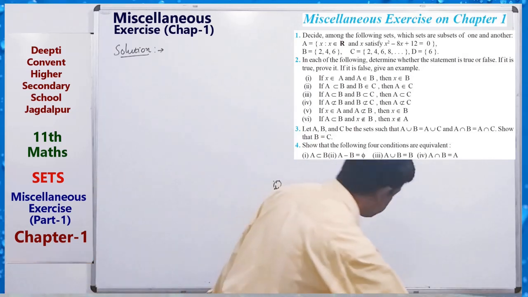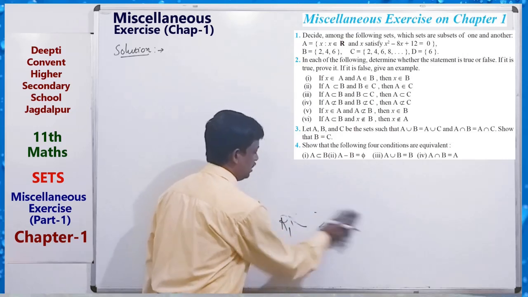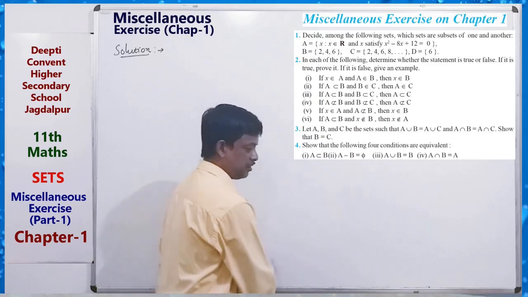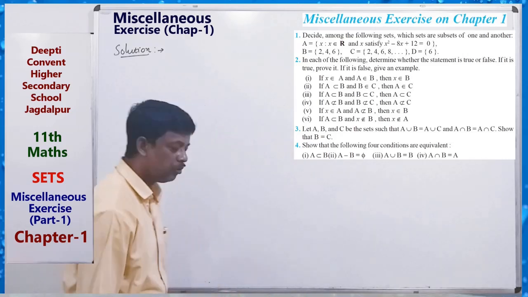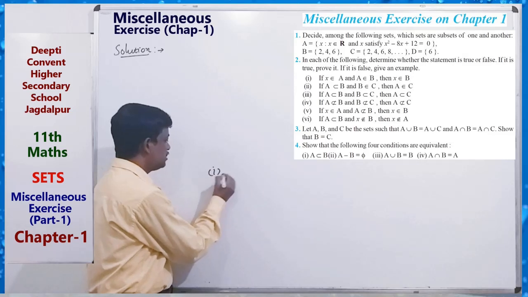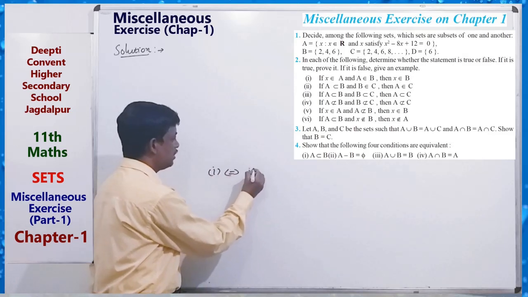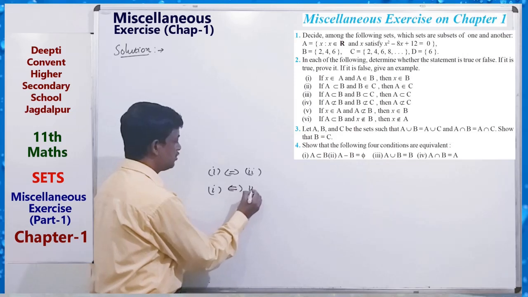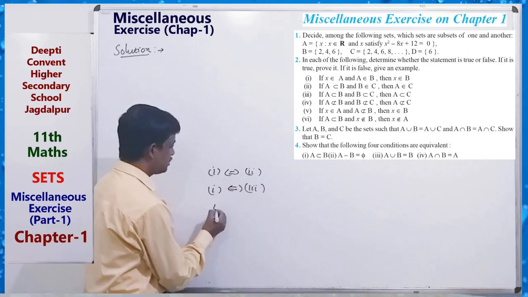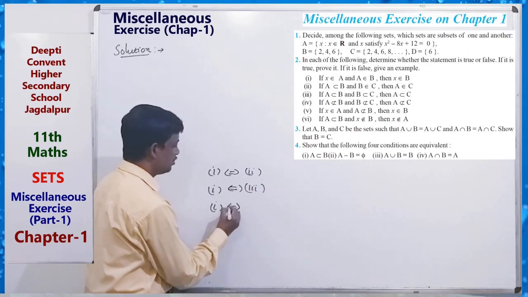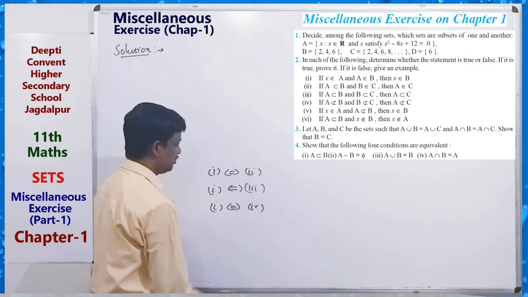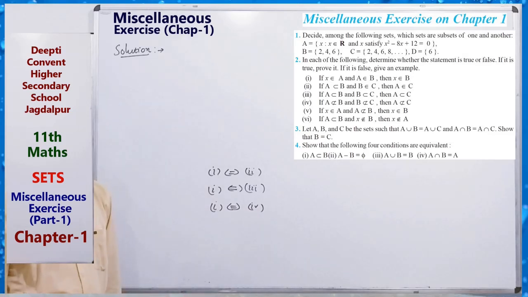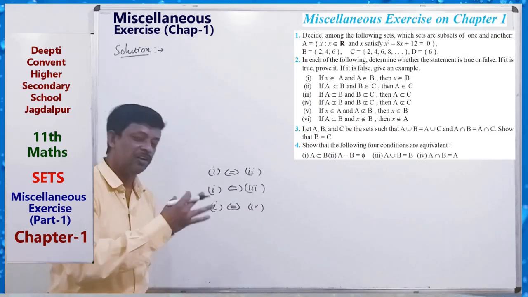So here, we are given 4 relations. If we can show that first relation is equivalent to second, and first is equivalent to third, and first is equivalent to fourth, then we can get all relations.